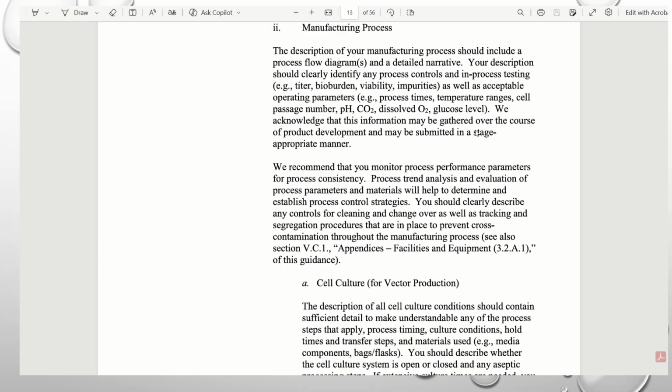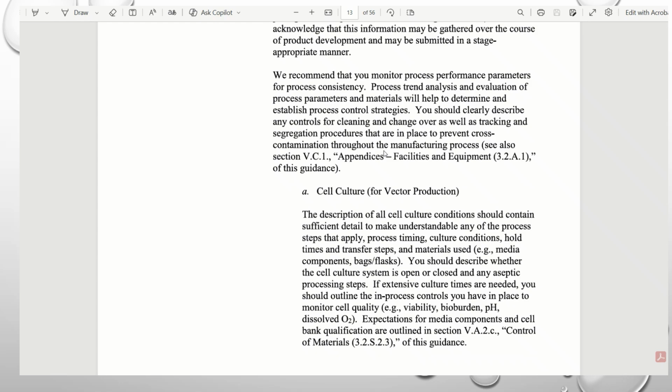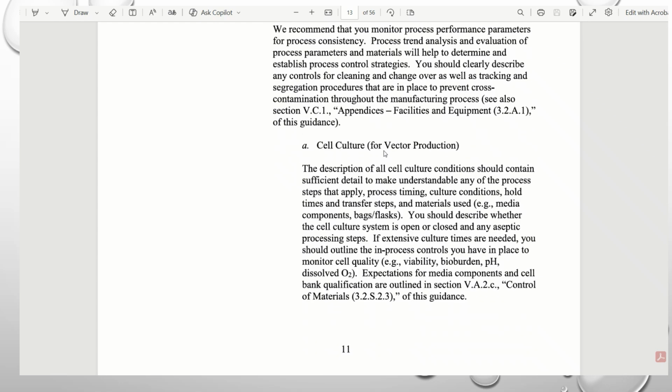So again, they say we acknowledge that this information may be gathered over the course of the product development and may be submitted in a stage appropriate manner. So here they're just going through the sorts of information that will be presented, for example, cell culture for vector production.